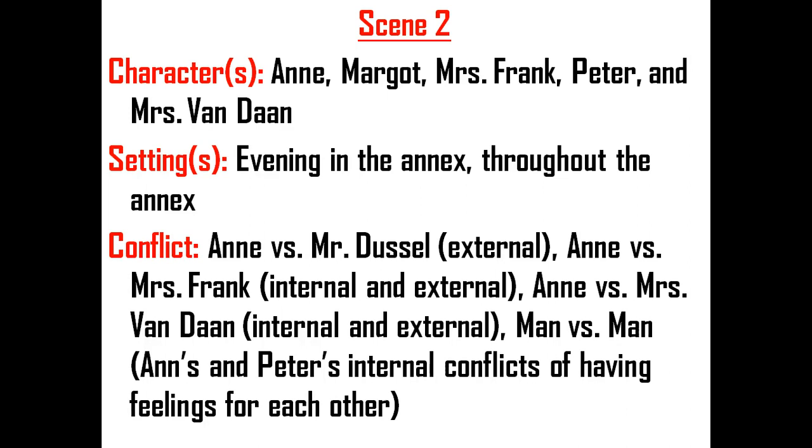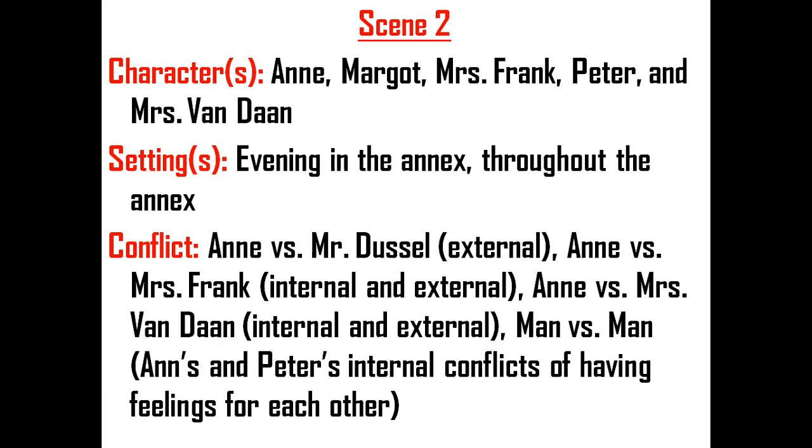The conflict: Annie versus Mr. Dussel. That is an external one. And Annie versus Mrs. Frank, both internal and external. And Annie versus Mrs. Van Daan, also internal and external.